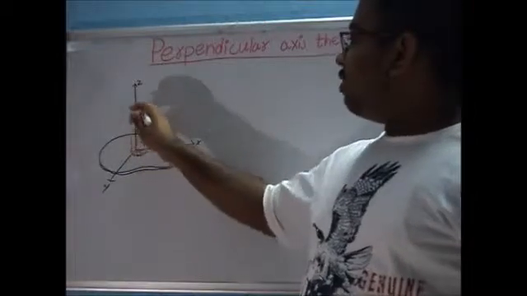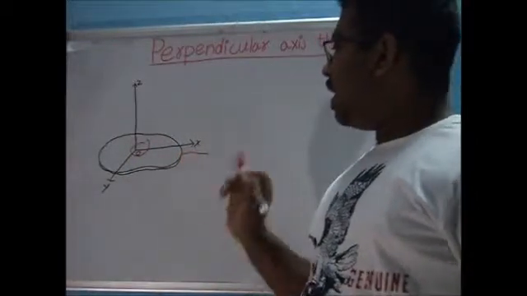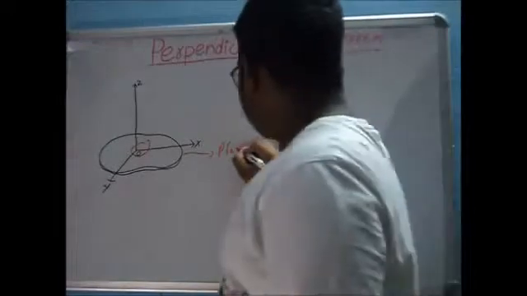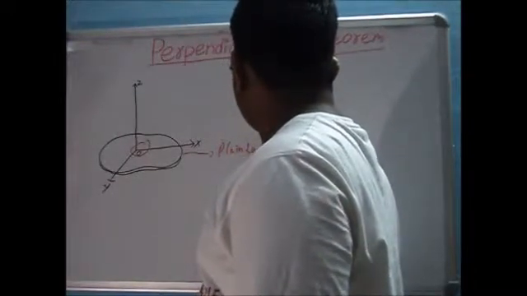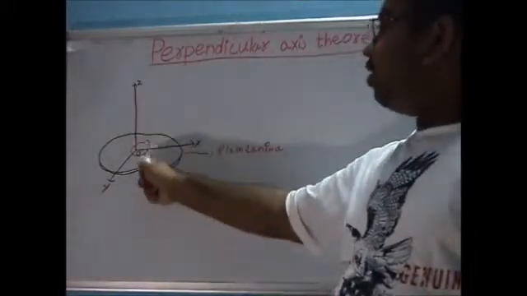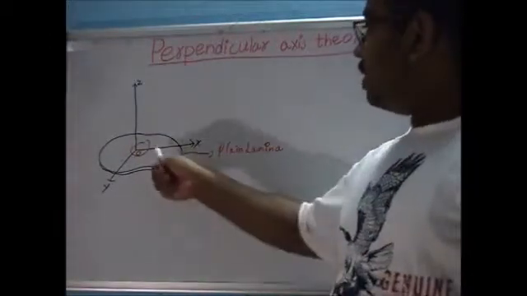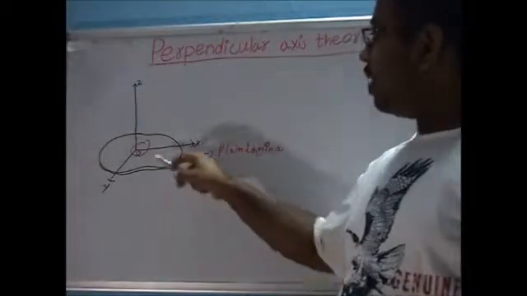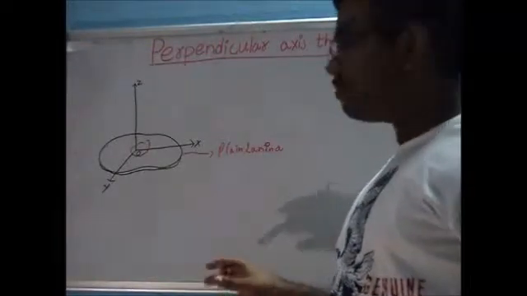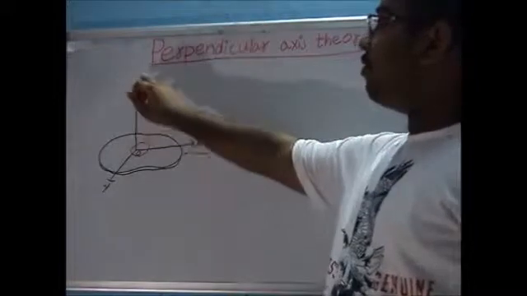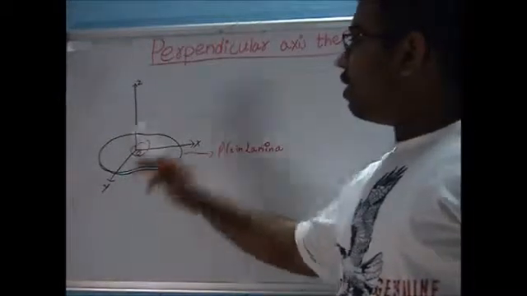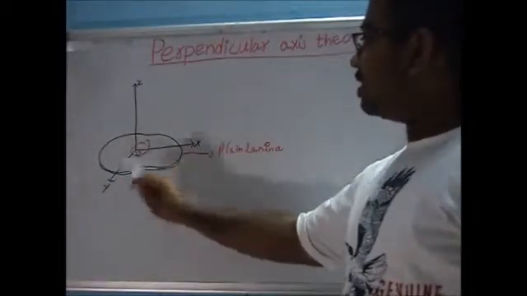As you can see here, this is the plane lamina, and the axis perpendicular to the plane lamina intersects the perpendicular axes on the plane lamina at the same point, and the moment of inertia along this perpendicular axis is equal to the sum of the moments of inertia along this axis and this axis.